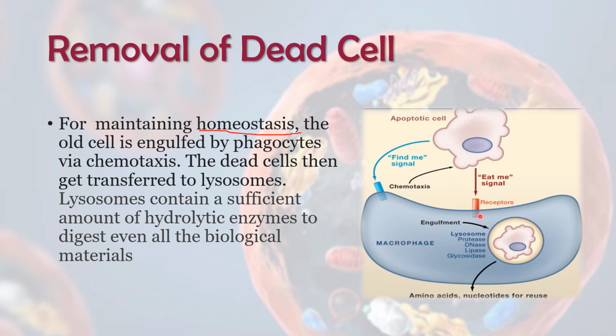Finally, the signal present on the old or apoptotic cell, the eat-me signal for example, is recognized by the receptors present on the phagocytic cell. This phagocyte may be a macrophage.